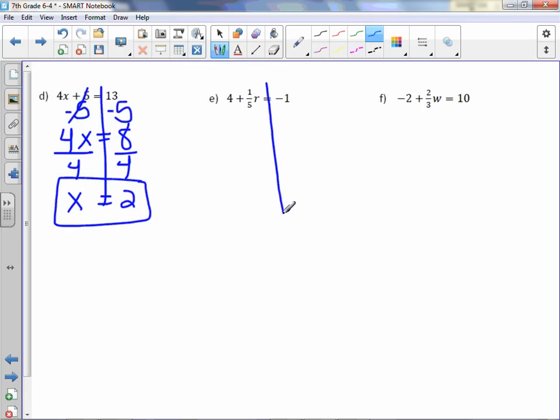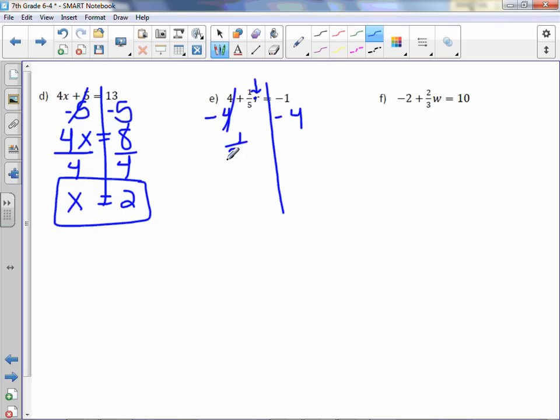Now this one's a little tricky. I've got my 1/5 r here. My variable is right here. I don't want to move the variable. I want to move everything else. I can't move the 1/5 yet. It's attached by multiplication here. So I have to get rid of that 4. It's a positive 4 because the sign to the left of it is positive. So I need to subtract 4 from both sides.